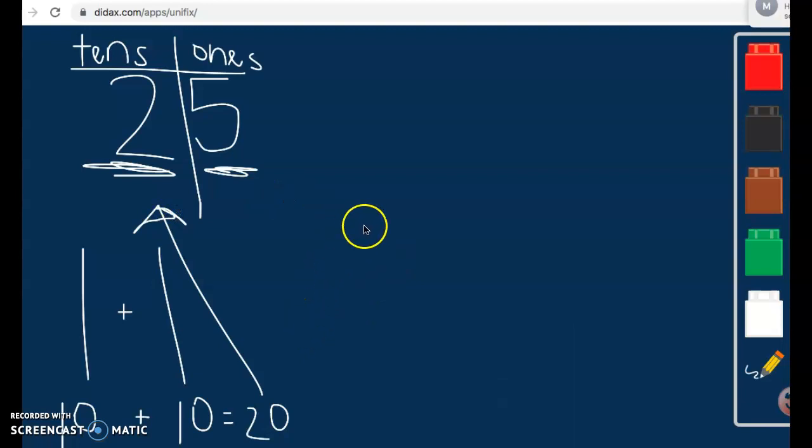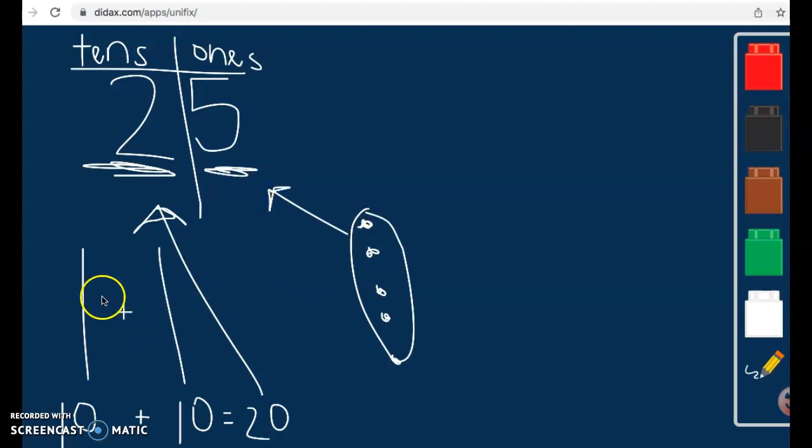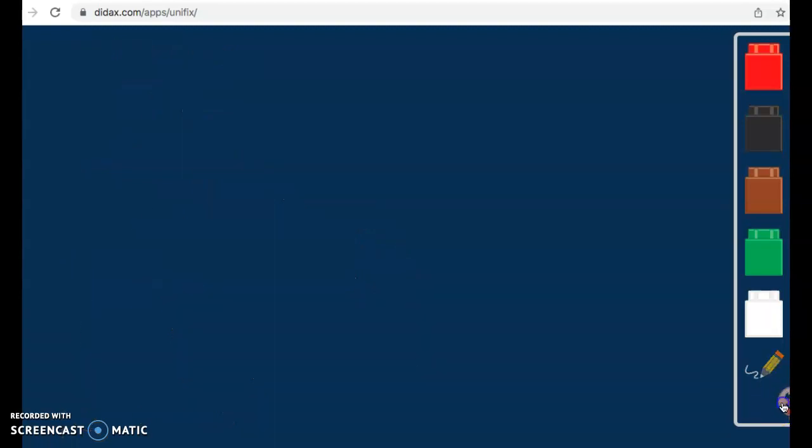What do our ones look like again? We could do circles. 1, 2, 3, 4, 5. All these ones right here will equal this number 5. So together we have 10 plus 10 plus 5, and that gives us 25.